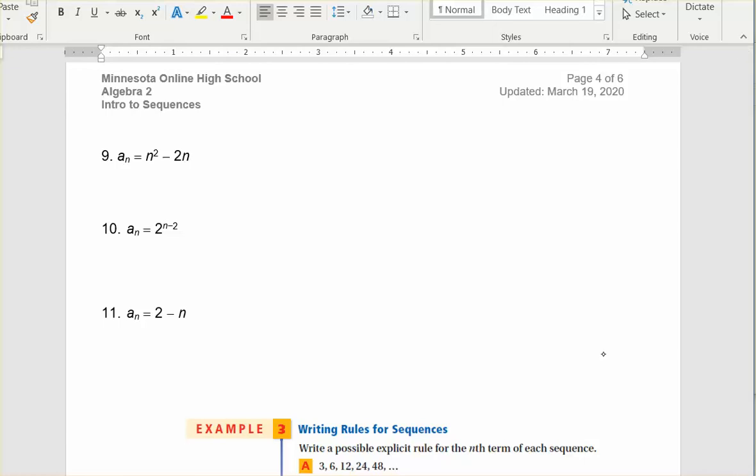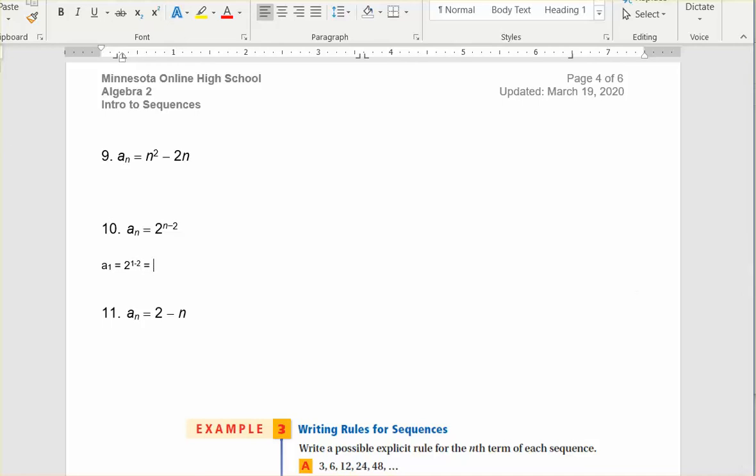So we have a sub n is equal to 2 to the n minus 2. So I'm going to just write out each of my terms. So a sub 1, I'm going to use my subscript tool in Word, would be equal to 2 to the power of, use my superscript, my exponent key, and I need n, which is 1 minus 2.